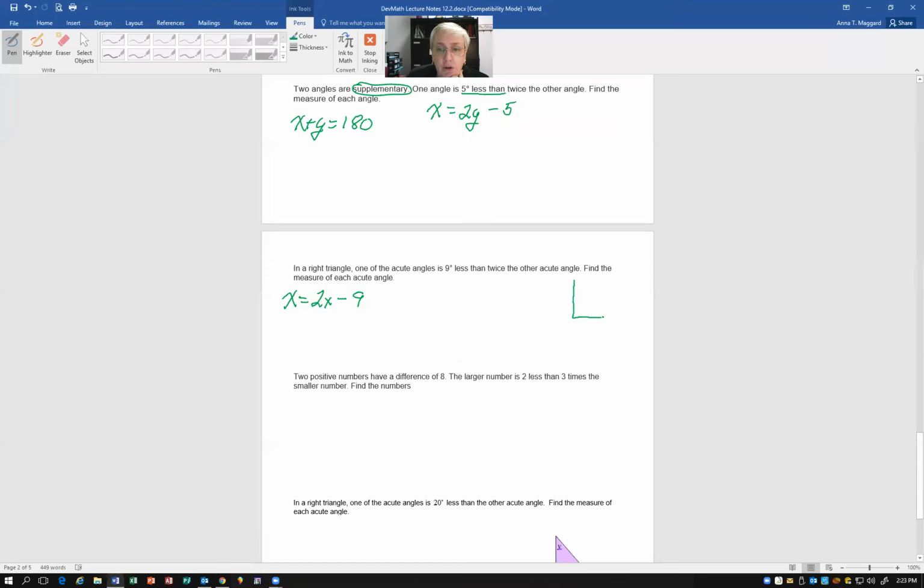A right triangle has an angle that is 90 degrees. The whole triangle, all three angles, add up to 180. That means that this angle here and this angle here must be complementary. They must add up to 90 as well.